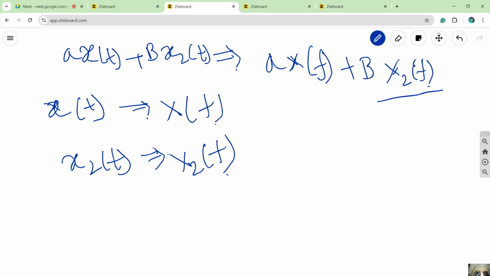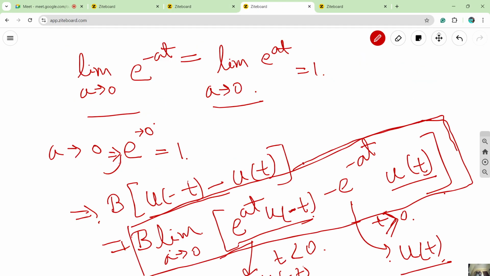So here also these parts are like this. This is one part, this is another part.